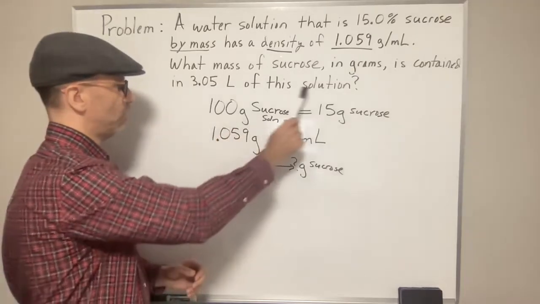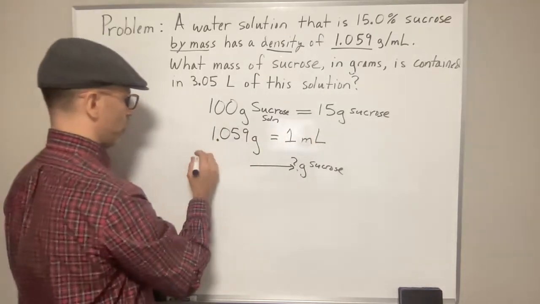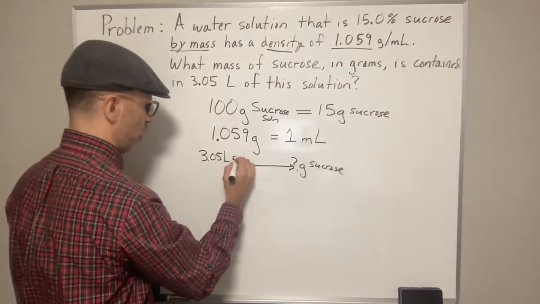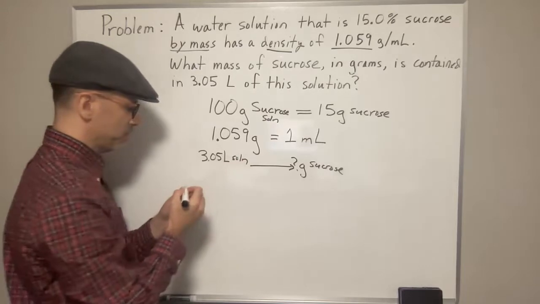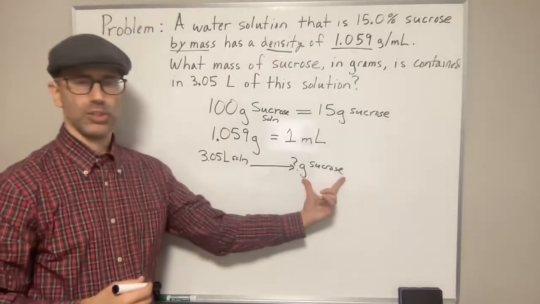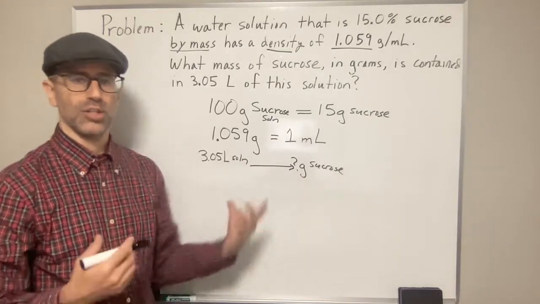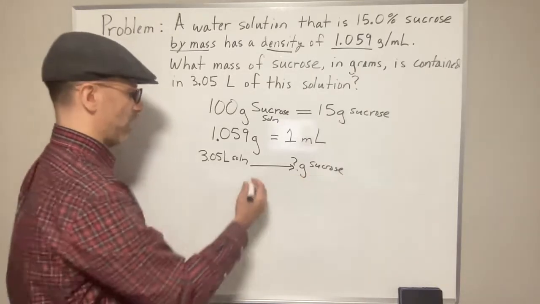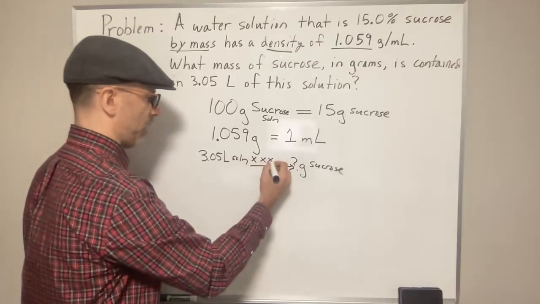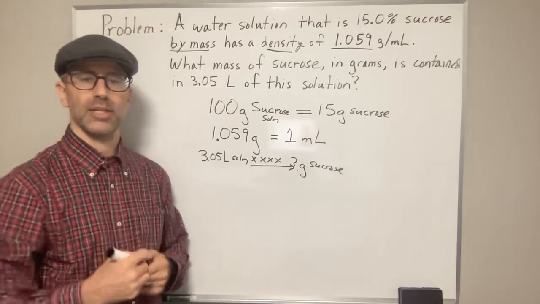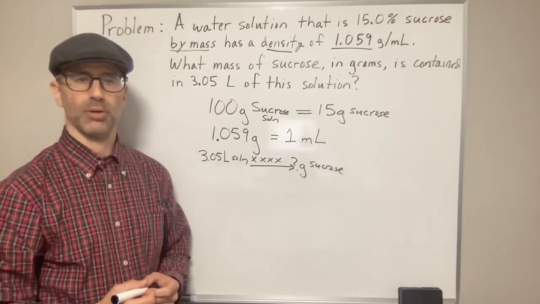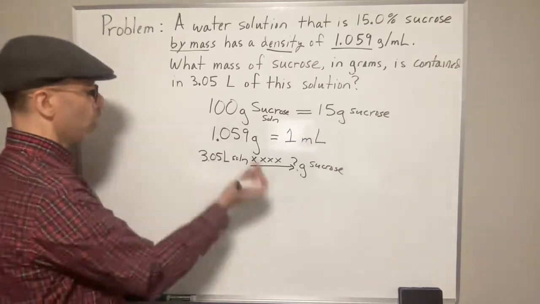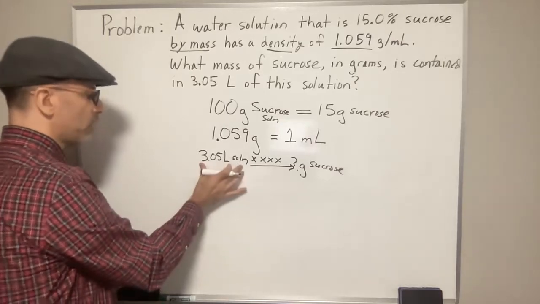So liters of solution. They want us to begin with 3.05 liters of the sucrose solution, and we want to get grams of sucrose. So we know where we're going to begin, where we're going to end, and the rest in between is multiplying by your conversion factors to get to the solution of your problem. All right, so we begin with the beginning.